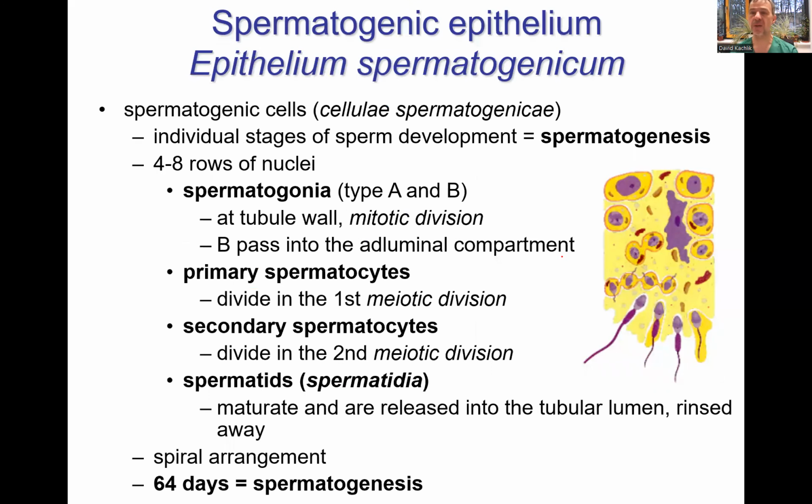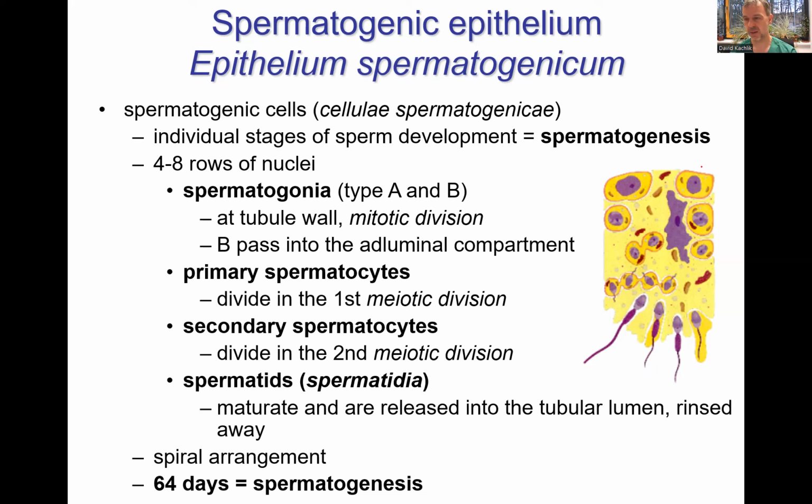Of course, the most important cells are the spermatogenic or germinal cells. We have several types of them forming the spermatogenic epithelium. It's a topic of histology, but we will go through them slowly.